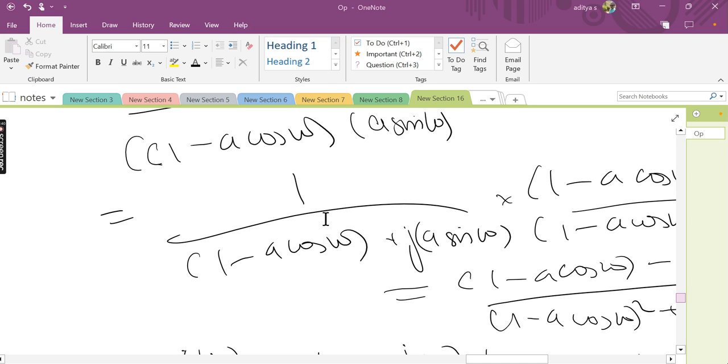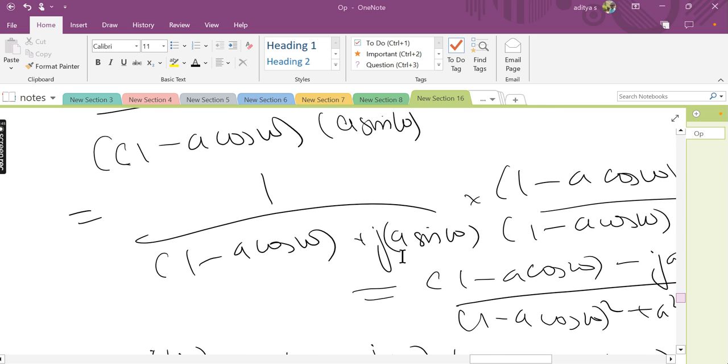So moving further, this is 1 by 1 minus a cos omega plus j a sin omega.